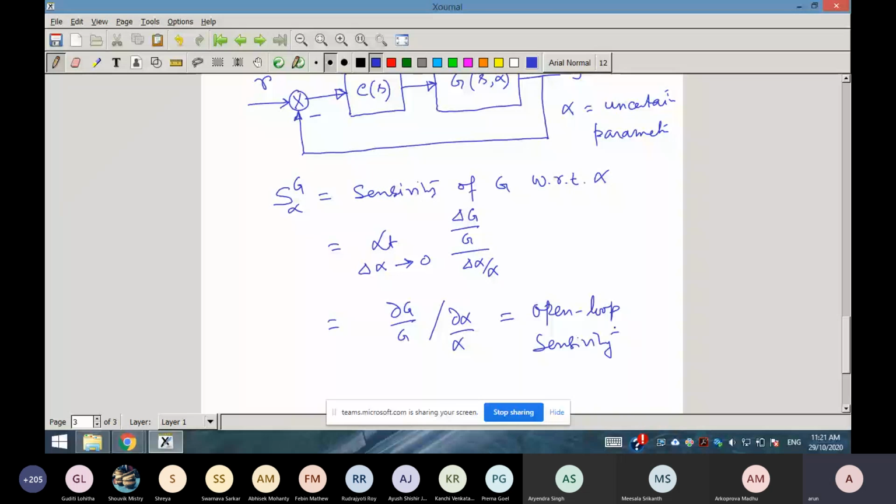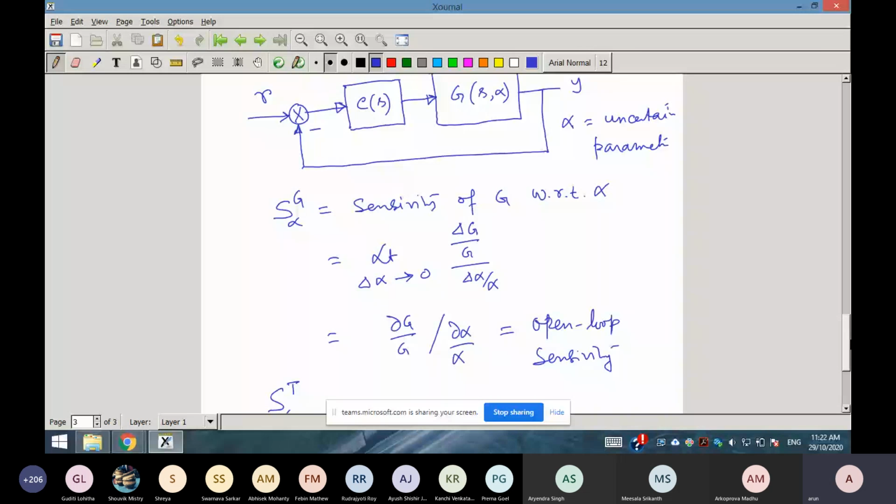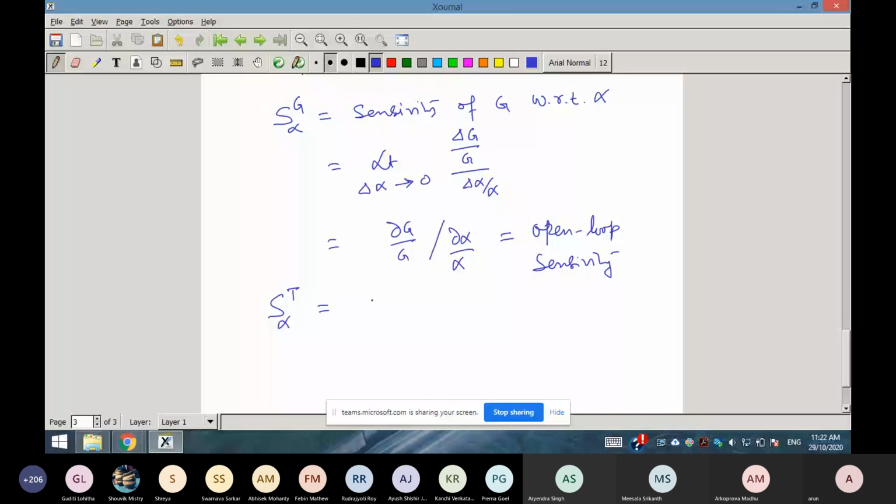Now what is closed loop sensitivity? S_alpha^T. Here T is the input output transfer function, T is GC by 1 plus GC. So this is equal to the sensitivity of T with respect to alpha.